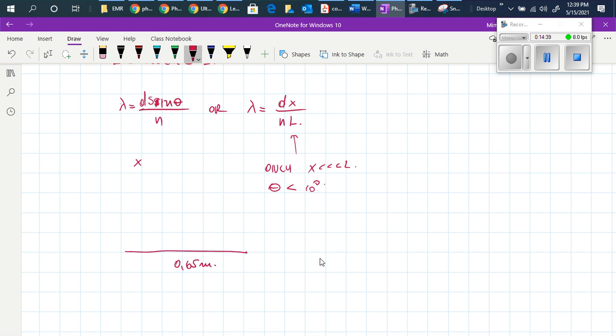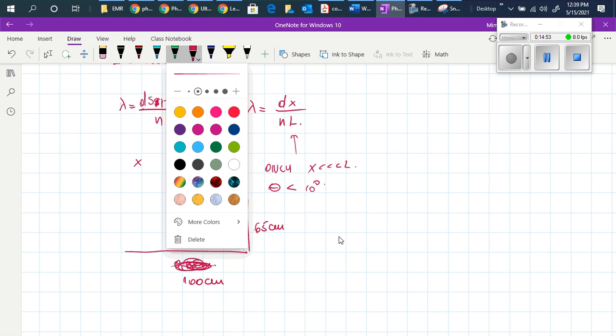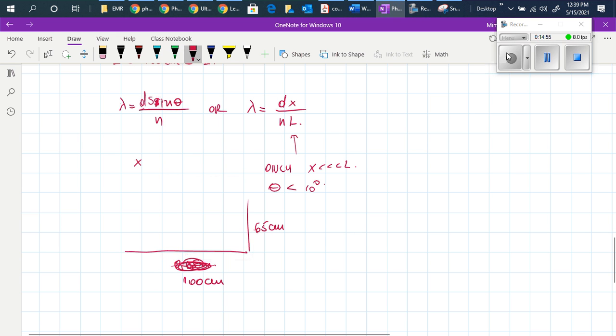So now, based on the geometry that you have here, it is 0.65 meters. Sorry, it's opposite. 100 centimeters and 65 centimeters will produce an angle theta here, using trig ratios.